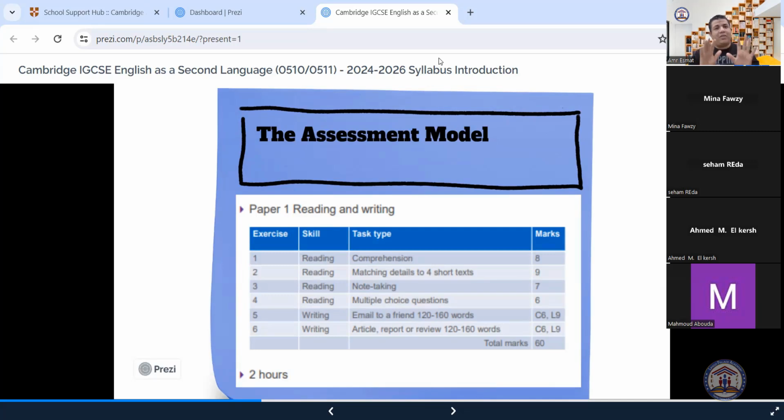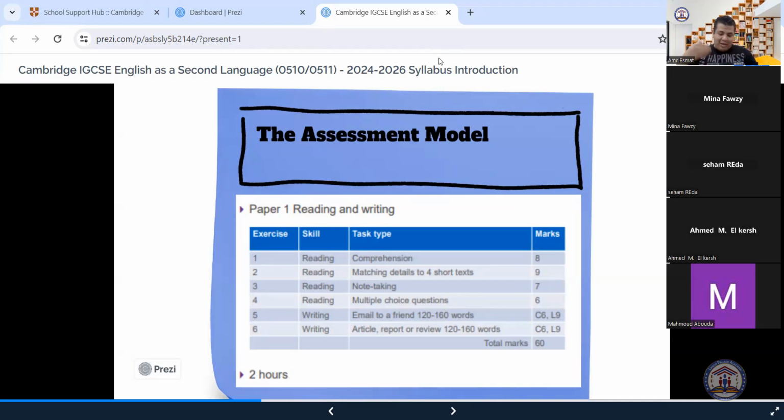Okay, so this is the first exercise, and I will show you some examples now. Reading exercise 1 is a reading comprehension. You have 6 questions, a mark for each of the first 5 and 3 marks for the last question.